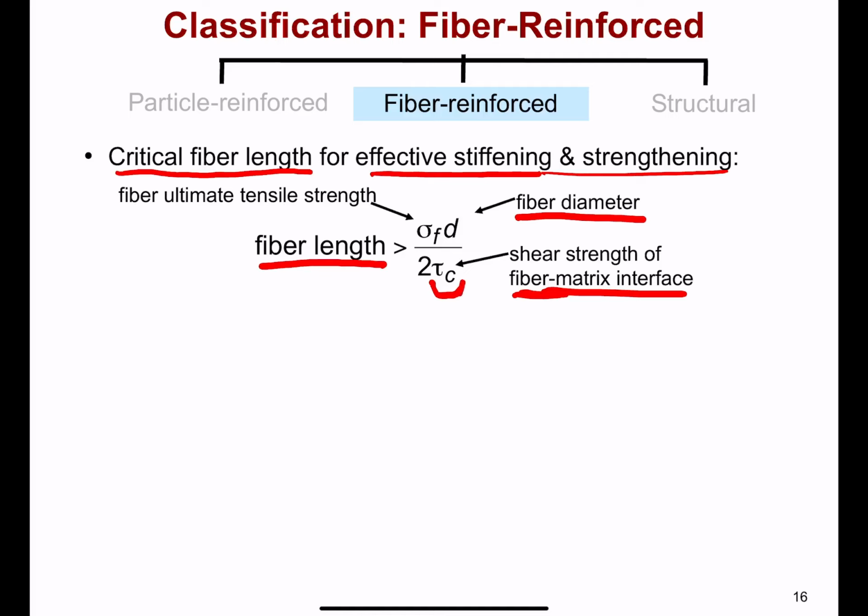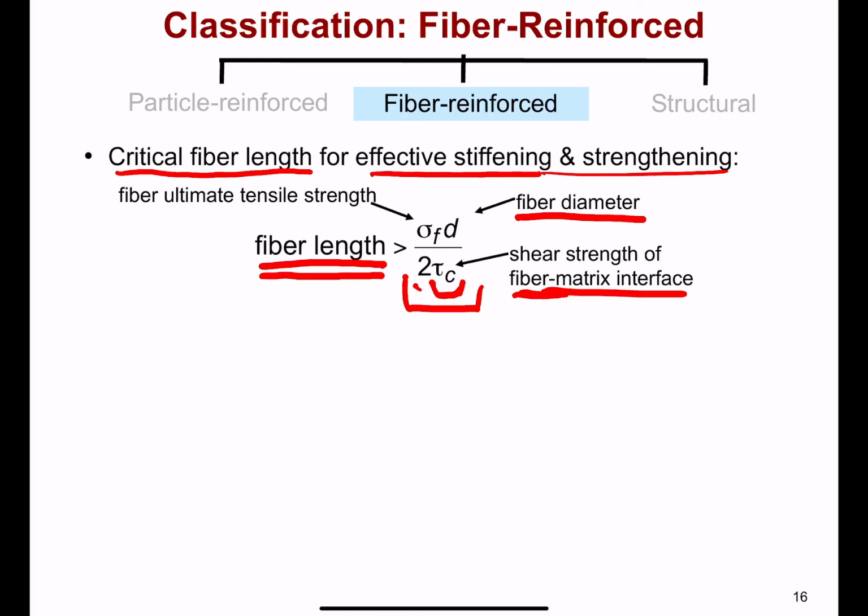So if you have very high bond strength between the fiber and the matrix, good, maybe even covalent linkages between the matrix and the fiber surface, the denominator here will be large, which will make the whole outcome at right small, which gives you a lower bound that's quite small.